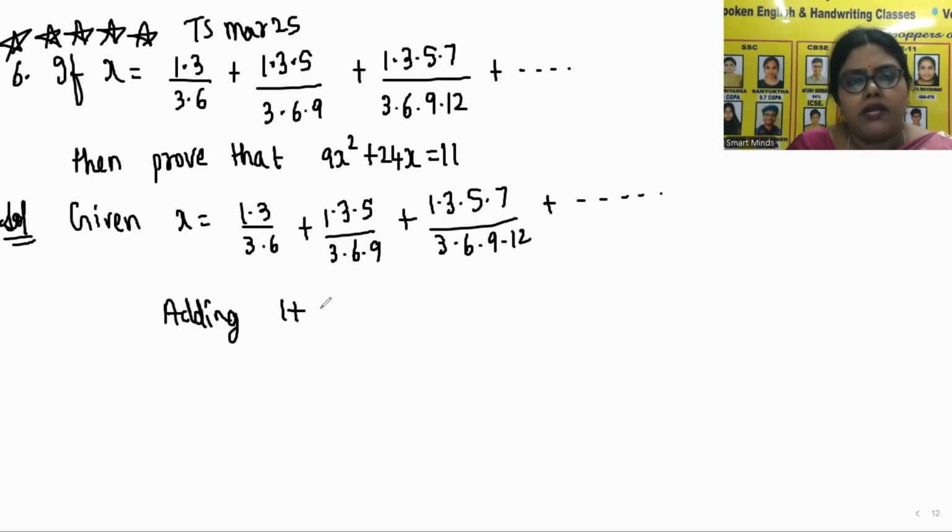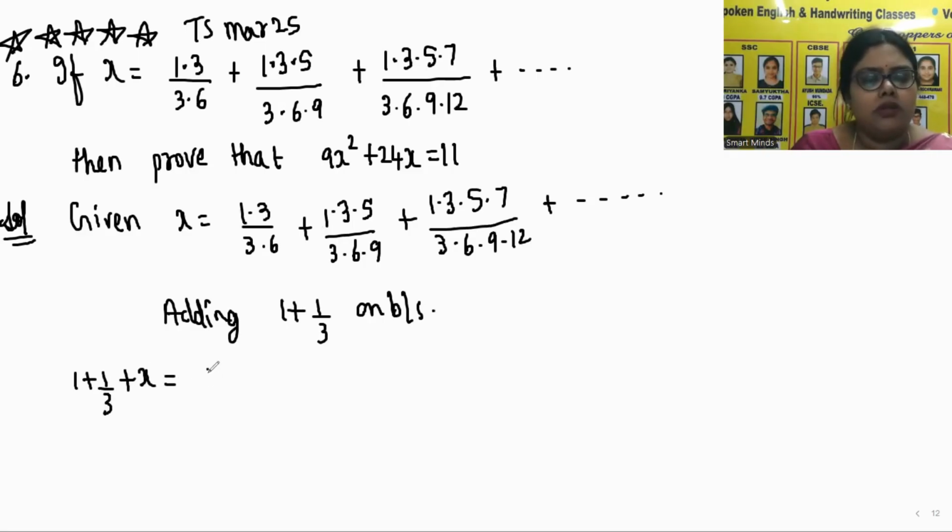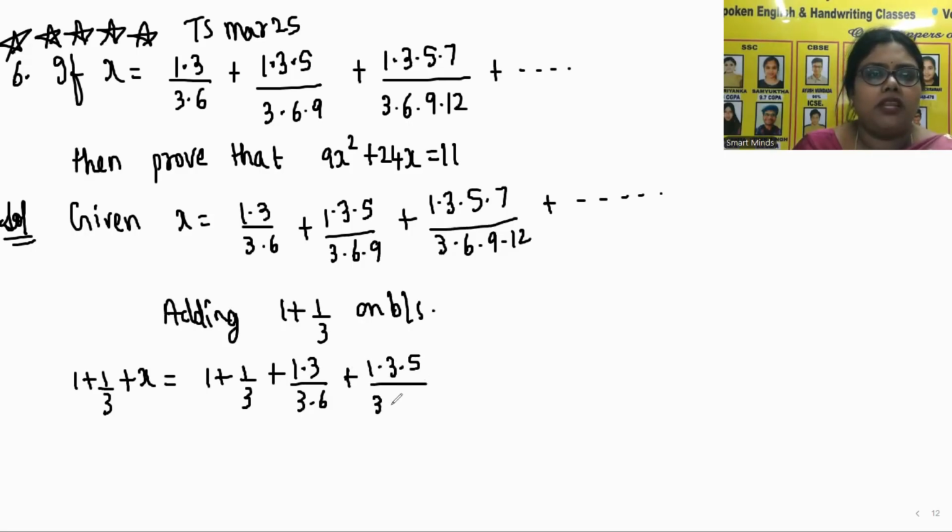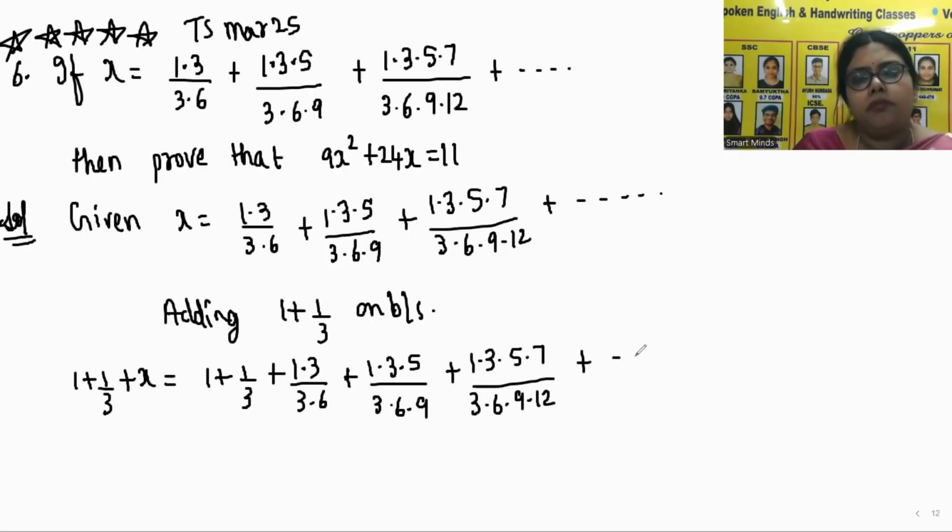Adding 1 plus 1 by 3 on both sides. Because the first number should be 1, then 1 by 3, then 1 into 3 by 3 into 6, then 1 into 3 into 5 by 3 into 6 into 9, and so on. So this term is missing in the RHS, so we are adding this term on both sides. So 1 plus 1 by 3 plus x equals 1 plus 1 by 3 plus 1 into 3 by 3 into 6 plus 1 into 3 into 5 by 3 into 6 into 9 plus 1 into 3 into 5 into 7 by 3 into 6 into 9 into 12 plus so on.